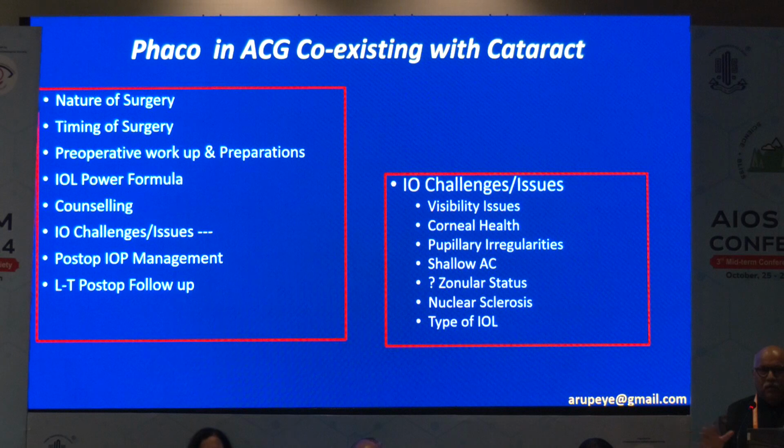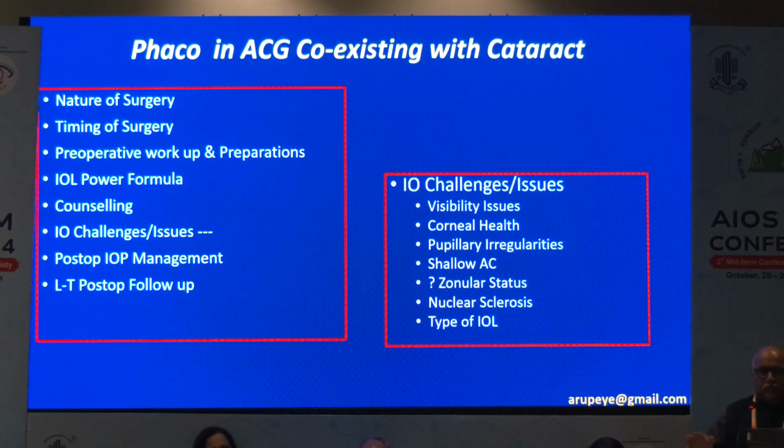For example, there will be visibility issues. Cornea may not be very clear, and of course, many of these patients may have a very advanced cataract. Cornea is unhealthy because of previous acute angle closure episodes in the past. Pupil again will be irregular. There may be posterior synechiae. AC is more often than not shallow in these situations.